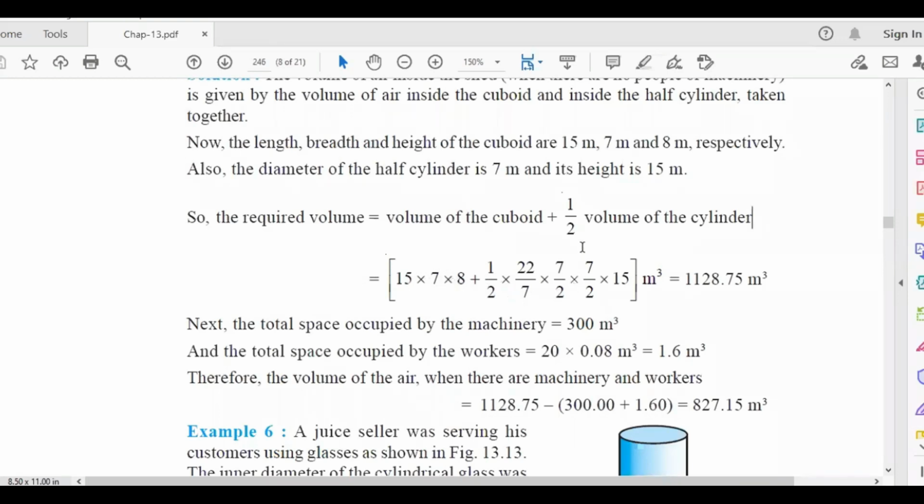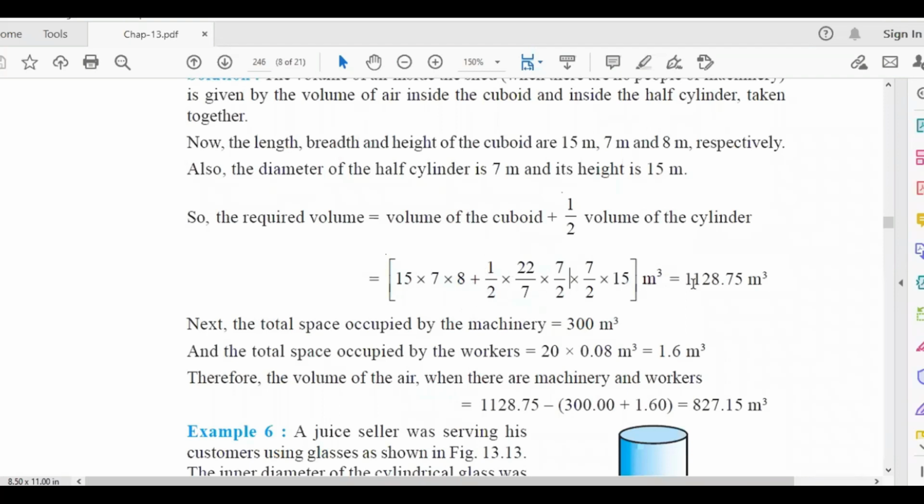Then the volume of the cylinder will be half into pi value 22 by 7, then radius will be 7 by 2, so radius square will be 7 by 2 into 7 by 2 into H. H is 15. So the values are directly substituted.